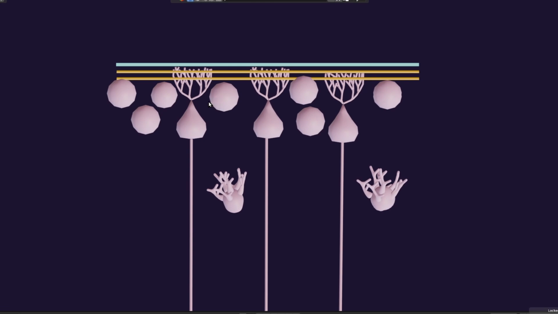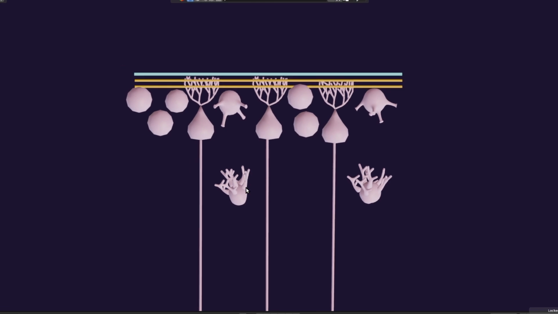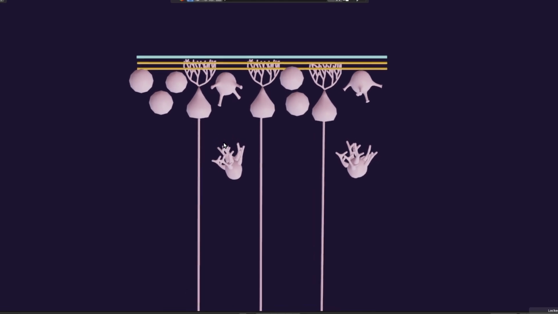So cells in this region undergo another wave of proliferation, and after that some of these cells will differentiate into yet another type of cells, which are called granule cells, right? These granule cells are basically like bats.